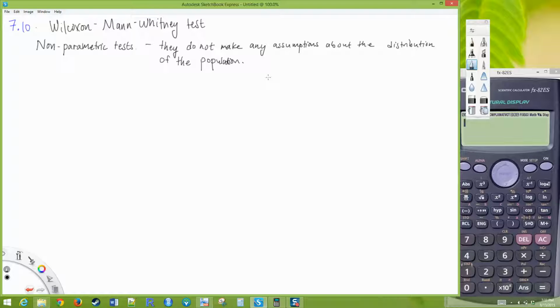Okay, this is in contrast to the t-test, which has certain assumptions about the population, okay, which assumes that we can apply the central limit theorem to the sampling distribution.